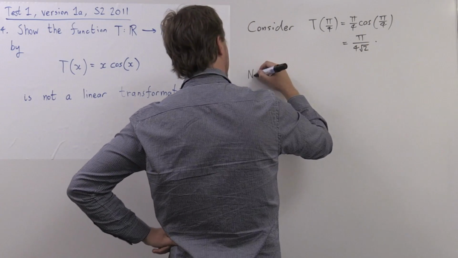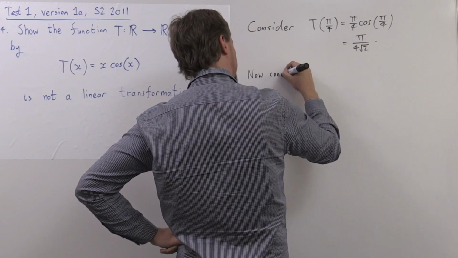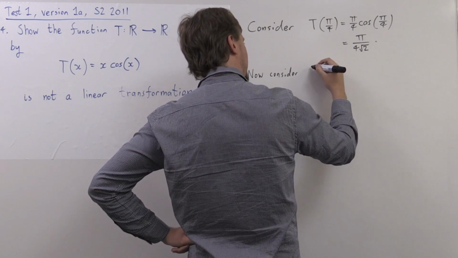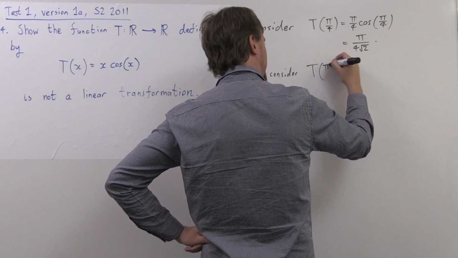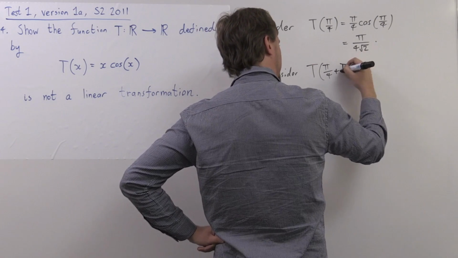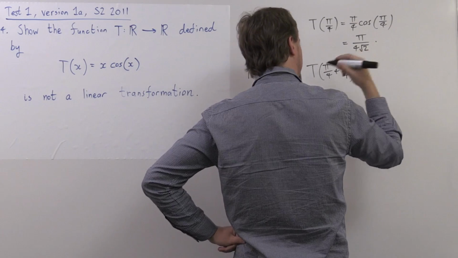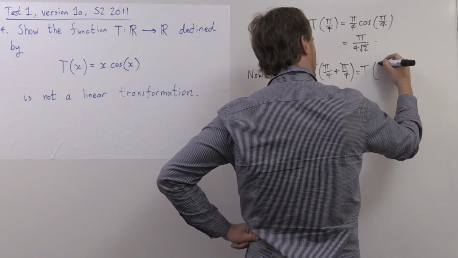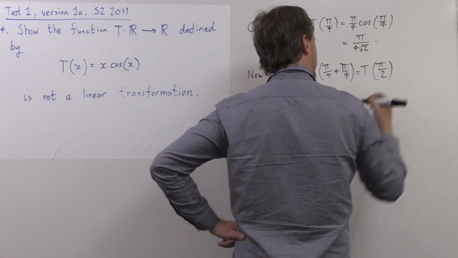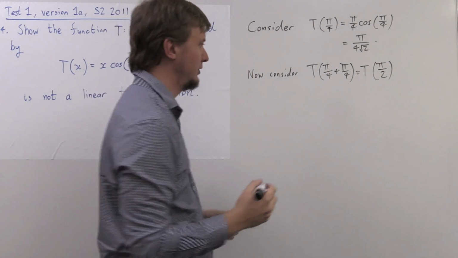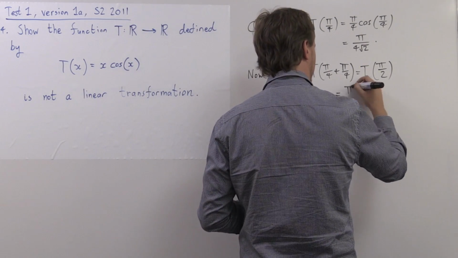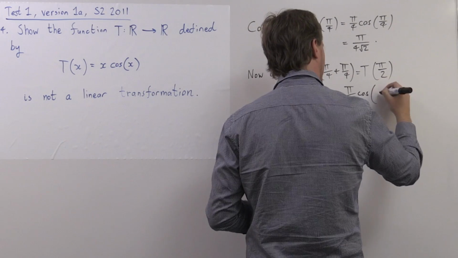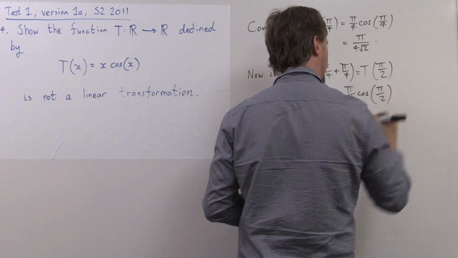So let's now consider what happens if we apply the map to pi over 4 plus pi over 4, which is to say we apply the map to pi over 2. Well, if we do that, we get pi over 2 times the cosine of pi over 2.